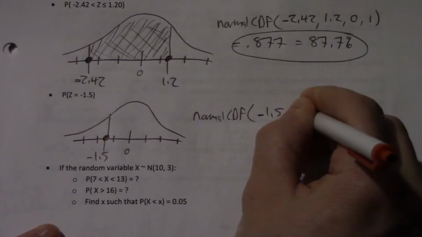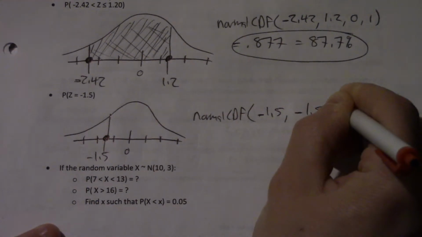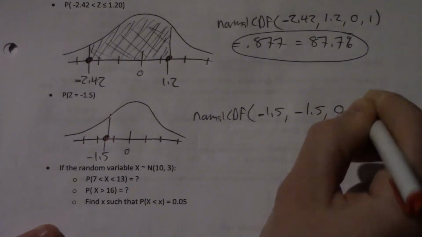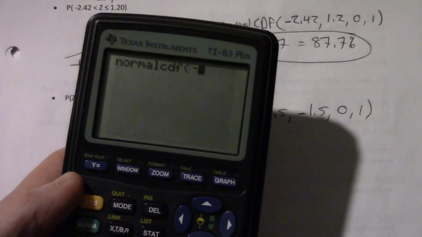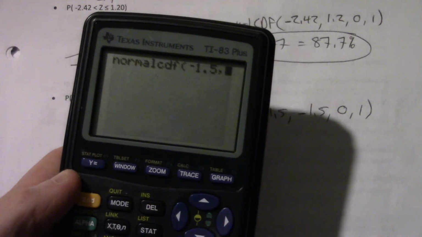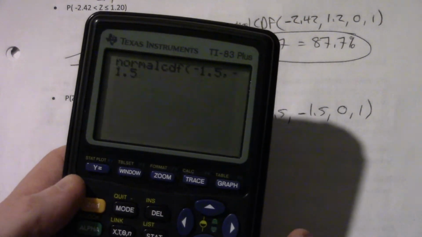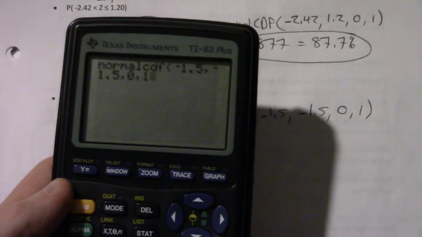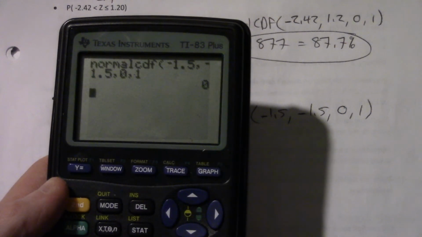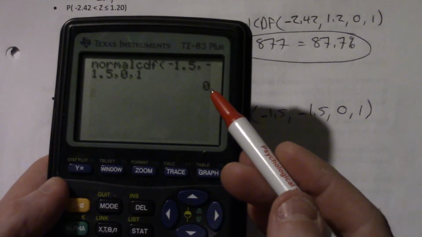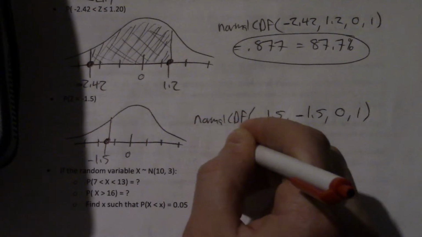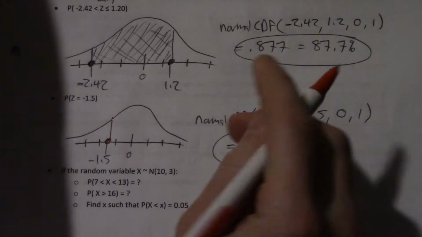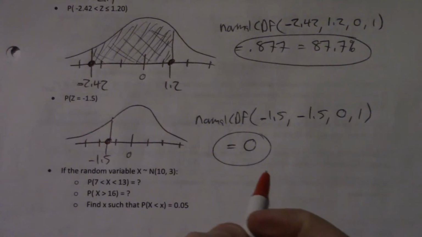So we're also going to end there. The mean is still 0. The standard deviation is still 1. So let's see what happens. You get a probability of 0. Does that make sense?